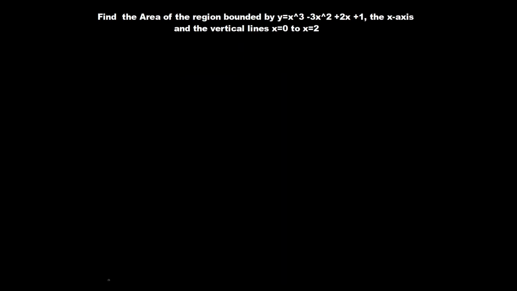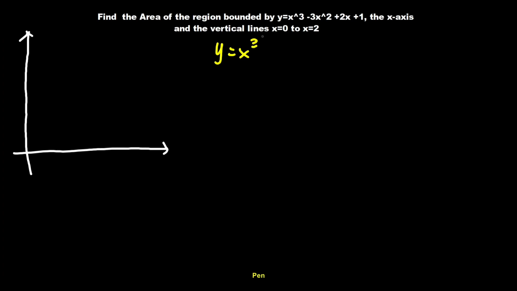The last example, find the area of the region bounded by y equals x cubed minus 3x squared plus 2x plus 1, the x-axis, and the vertical lines x equals 0 to x equals 2. So, let us first plot and graph it. So, our curve here is y equals x cubed minus 3x squared plus 2x plus 1.